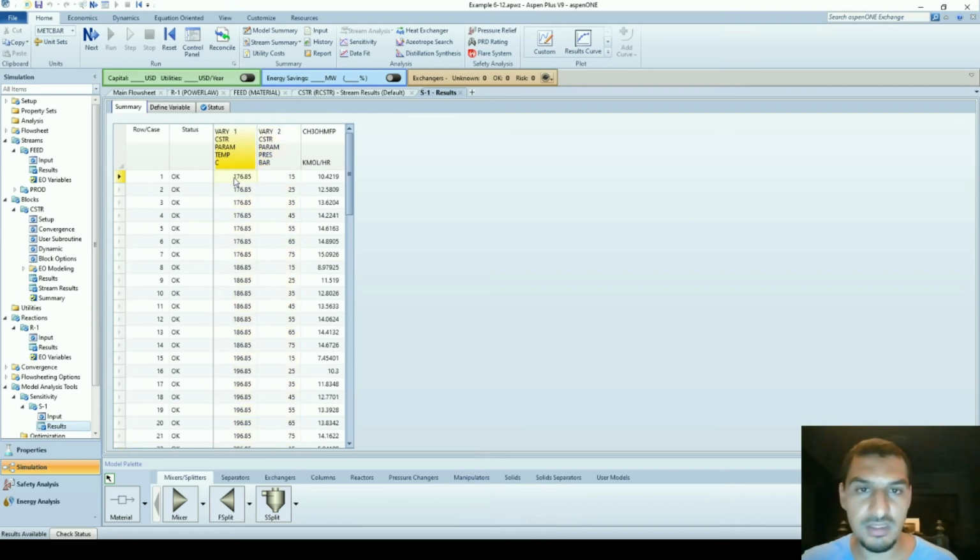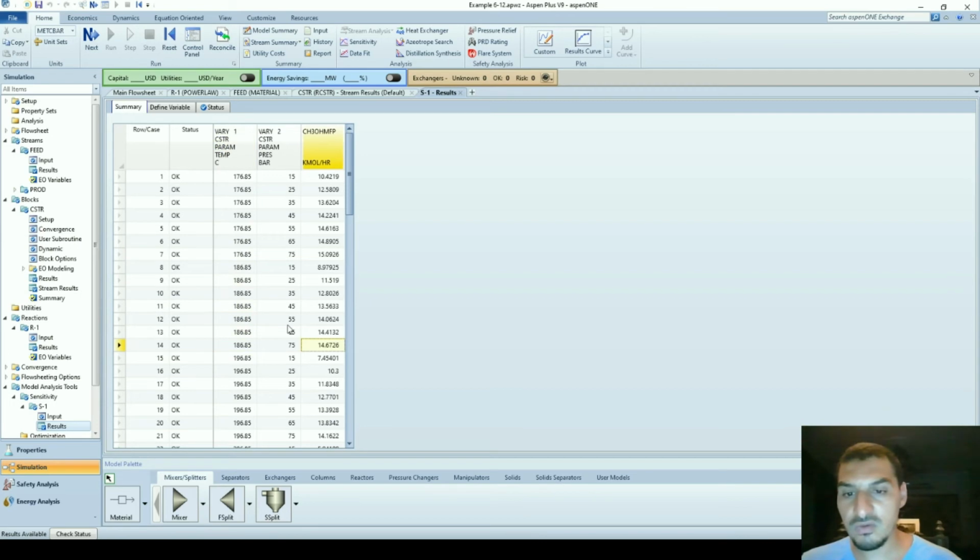The way the sensitivity analysis is done is by keeping the value of the first variable constant, like what it is here in the first 7 rows, and changing the second parameter while keeping this constant. And after doing all the values of the second variable, it's changing the first variable again, and then doing the same for the second variable, and so on.